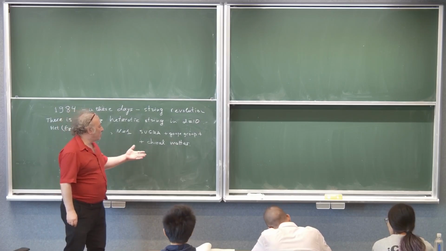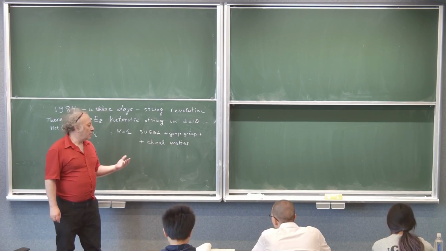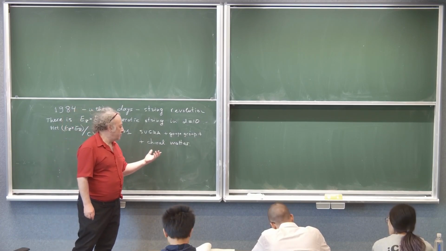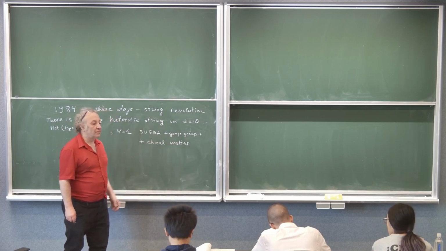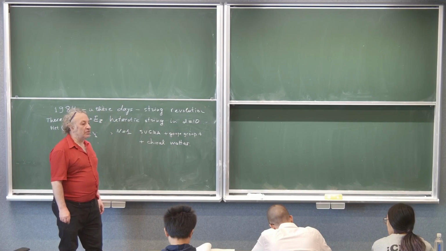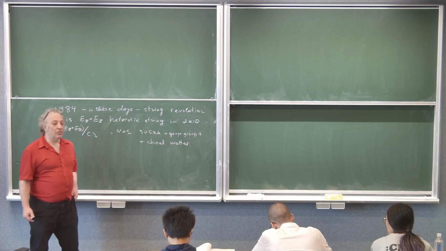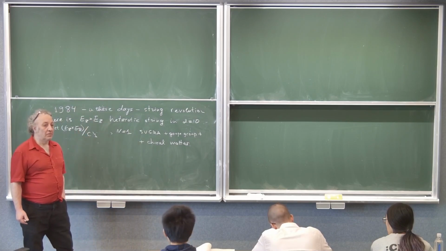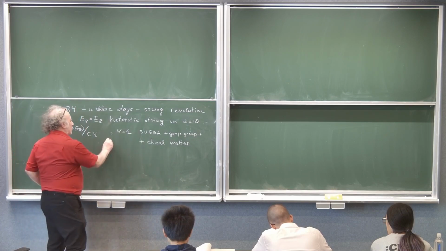So what do I mean by chiral matter? I mean that the gauge group would contain representations that are not conjugate to each other, that are not self-conjugate. And in this way, we can form chiral multiplets in D equals 4.